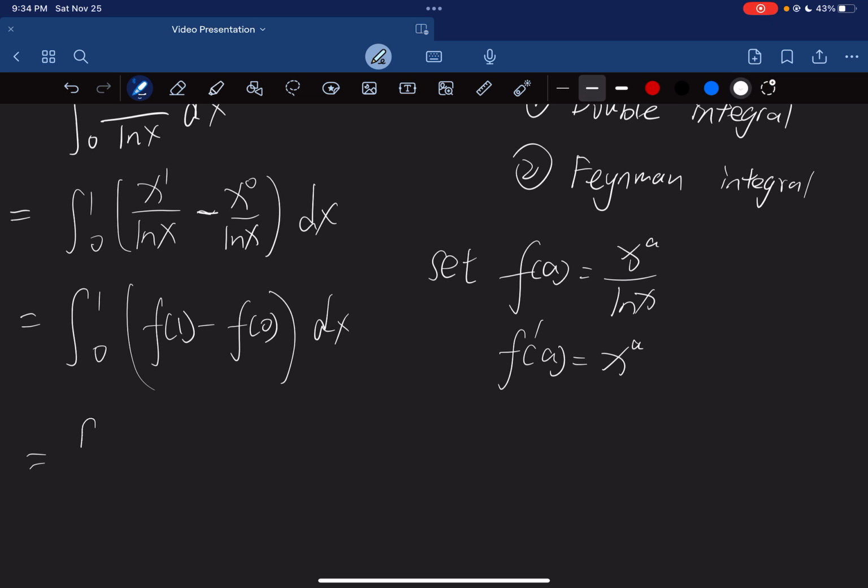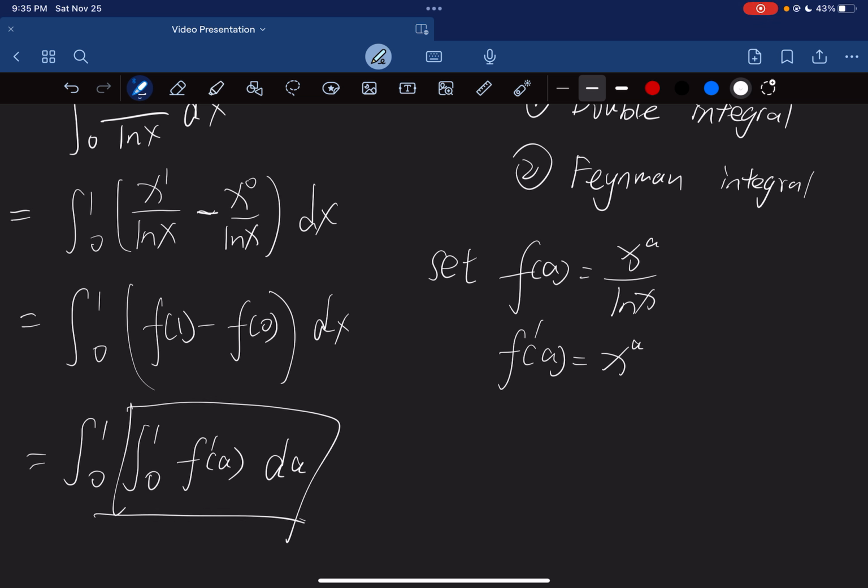So this could be the integral from 0 to 1 of the differentiation of fa with respect to a, da, times dx.